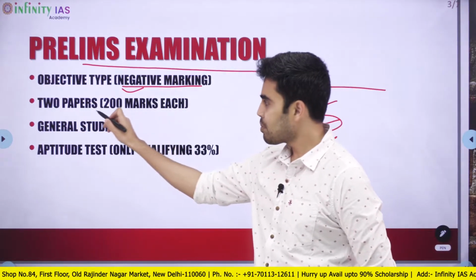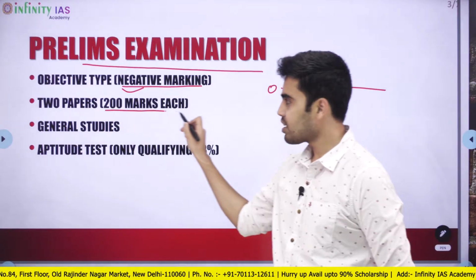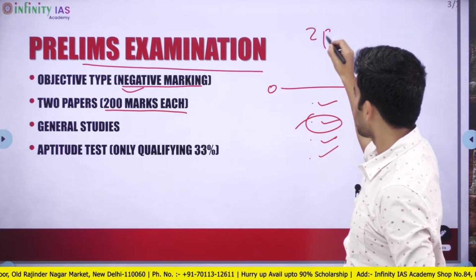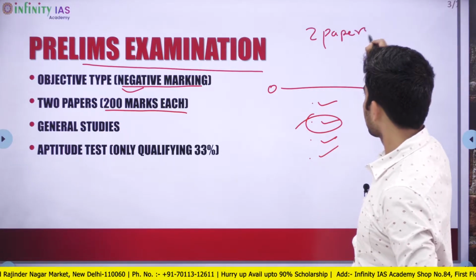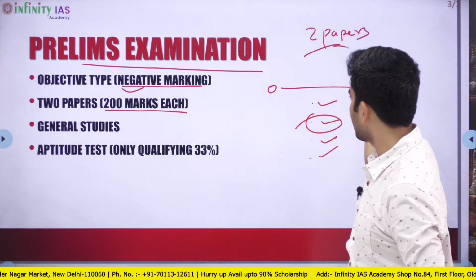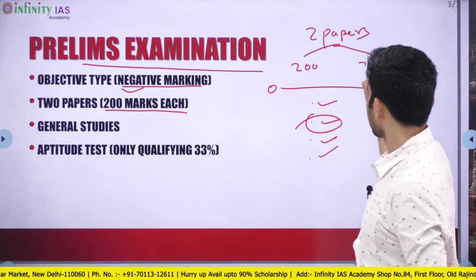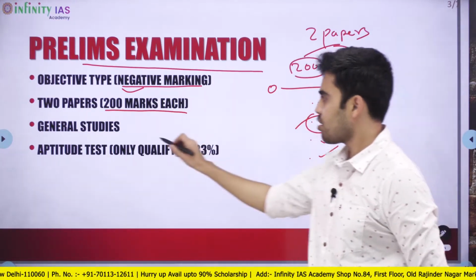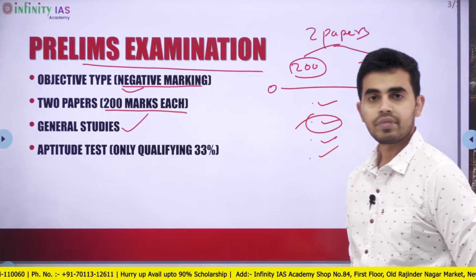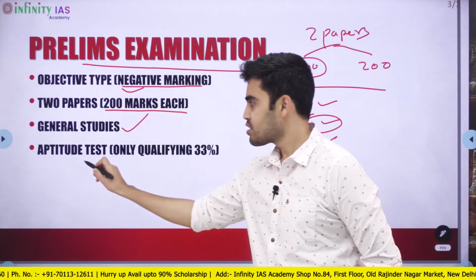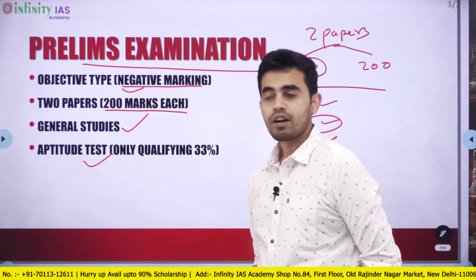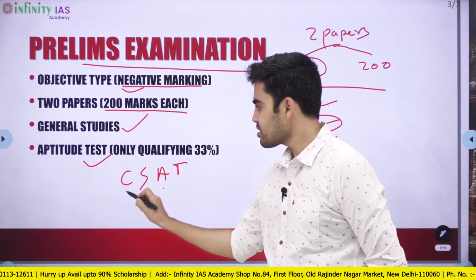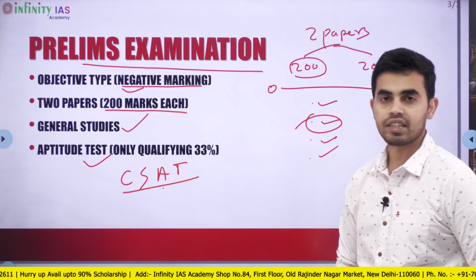So we have 2 papers here with 200 marks each. The first paper consists of general studies and the second paper consists of aptitude, commonly called CSAT, that is Civil Services Aptitude Test.